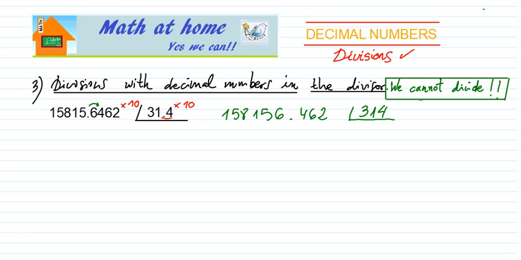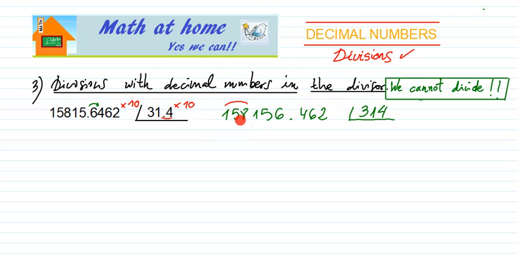First, we take three digits because we have three digits in the divisor and say how many times is 314 in 158? Zero, because 314 is greater. The divisor is greater than the dividend.